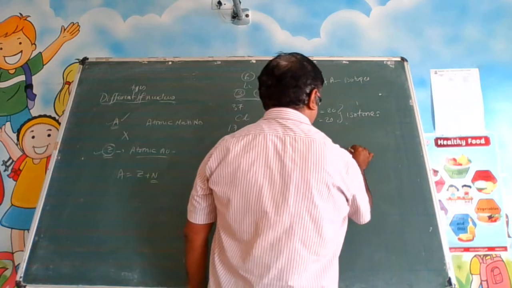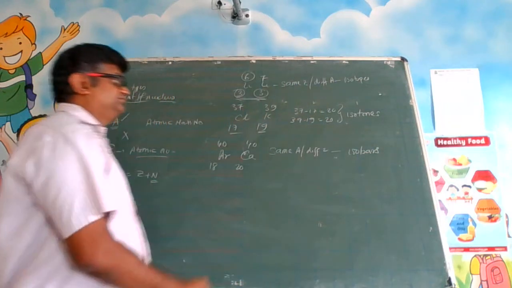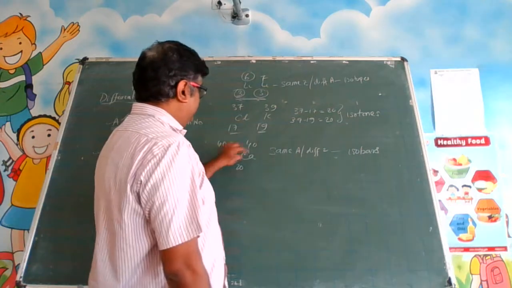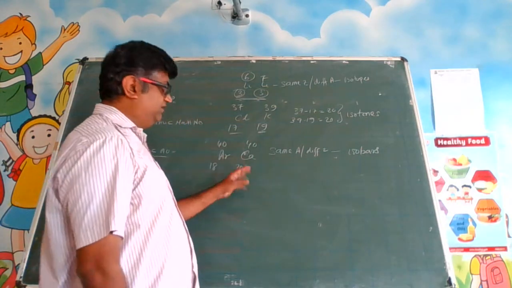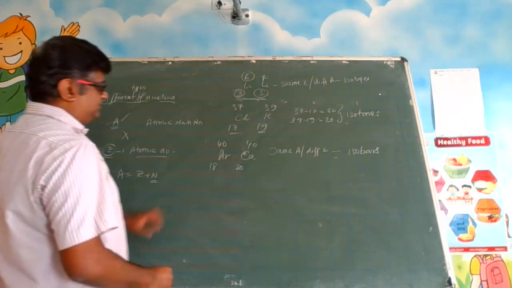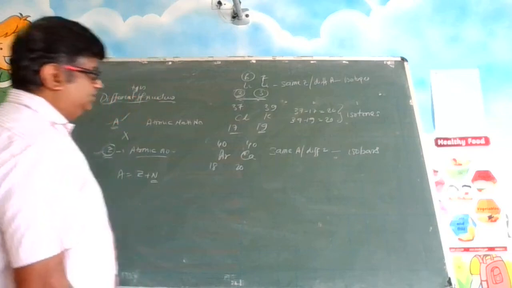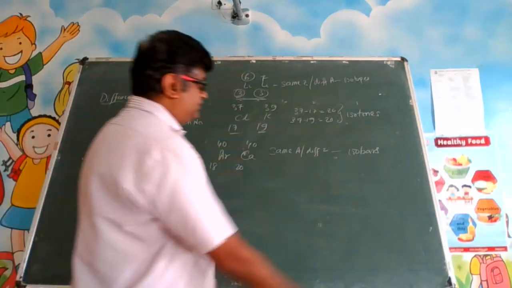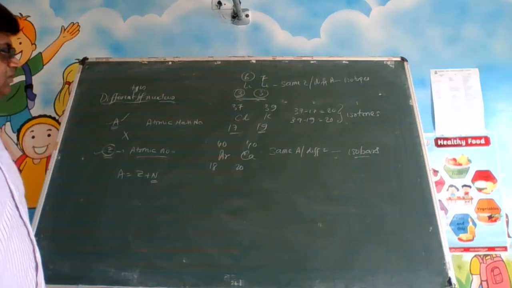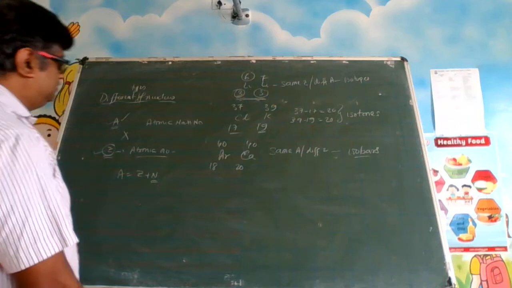These are called isobars. Okay. These types of elements are called isobars, where the value of A is same, but you have got a different Z value. So here your A value is same, which means neither the protons are matching nor the neutrons are matching. So these types come under this classification, isobars. Now these are just a couple of examples I am showing you. If you see your periodic table, there will be some other examples also.